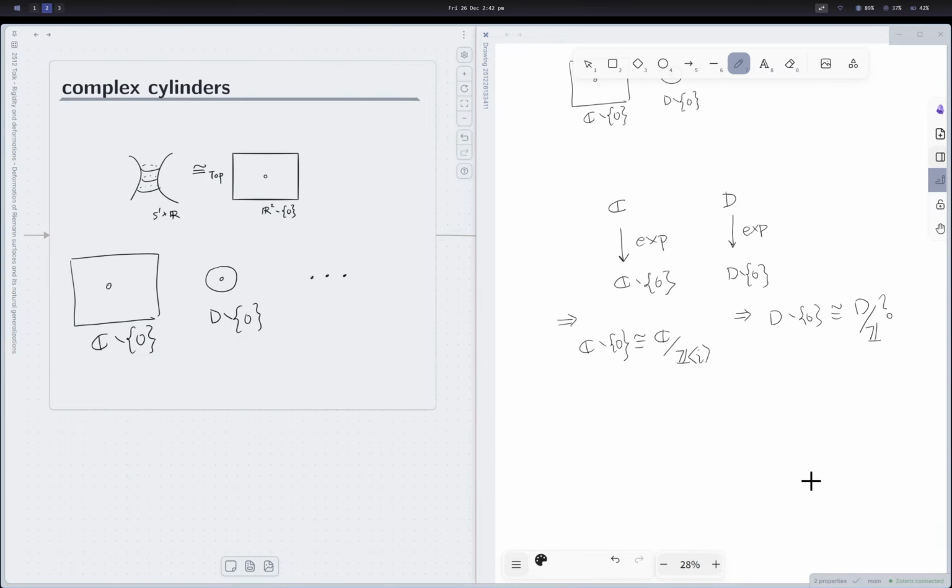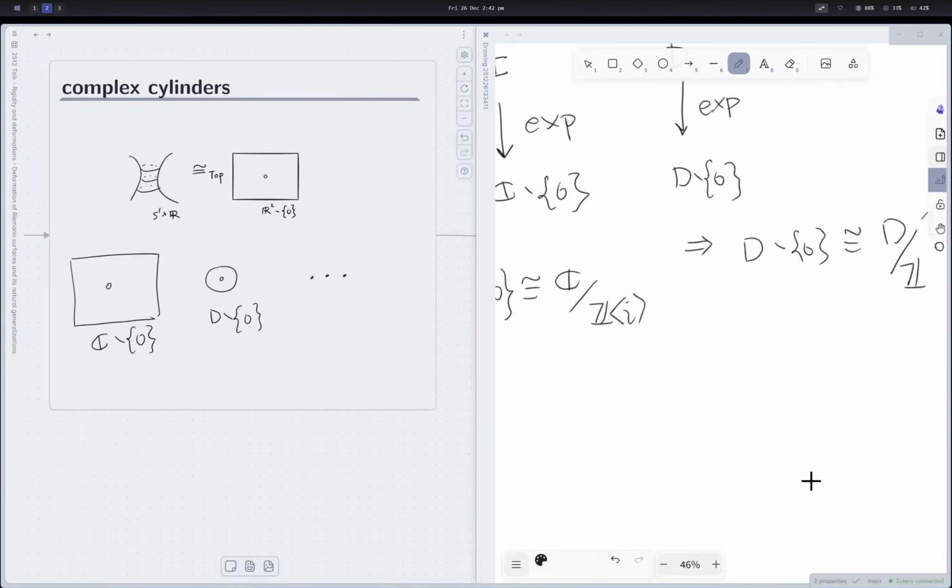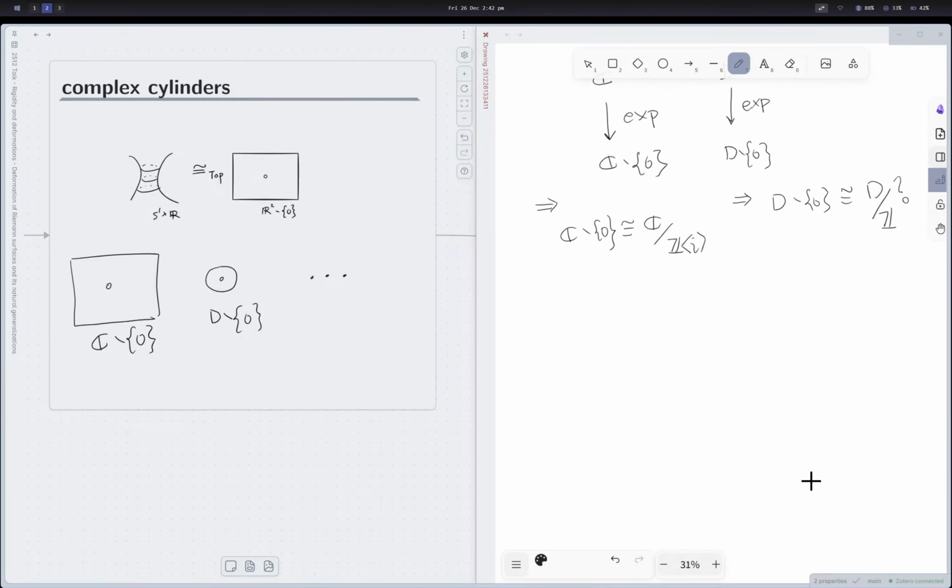But there are even more. We can construct even more kinds of surfaces, complex cylinders.